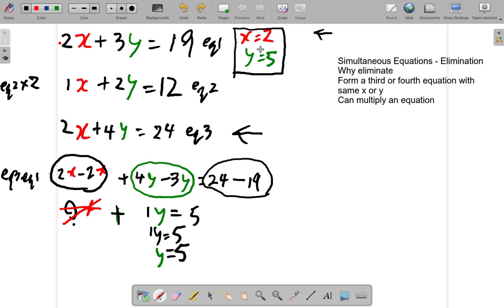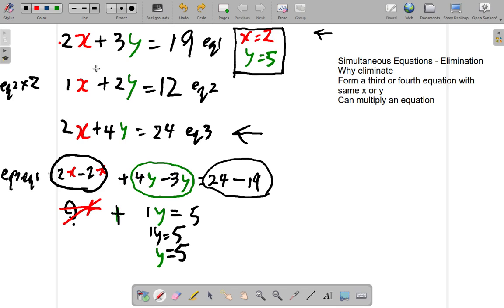Alright? So, again, in eliminating, we have to eliminate x or y because we can work with only one equation at a time, and we can't be working with one equation in two unknowns, so we got to eliminate one of the unknowns.